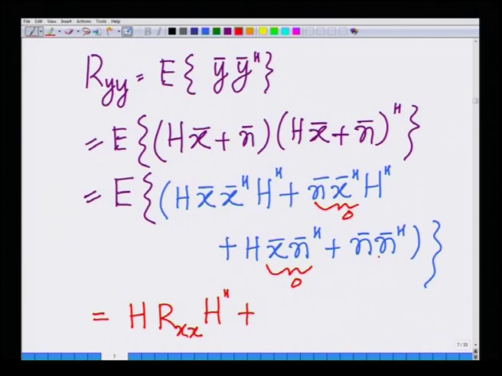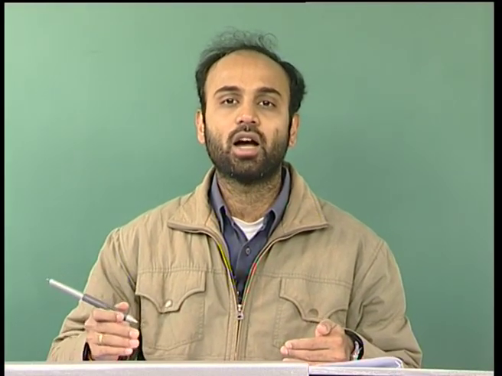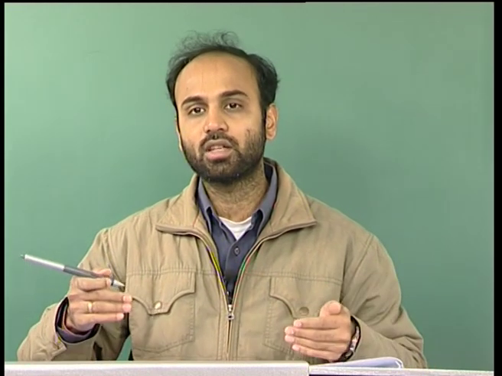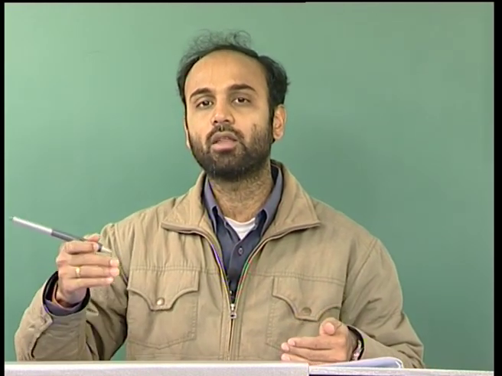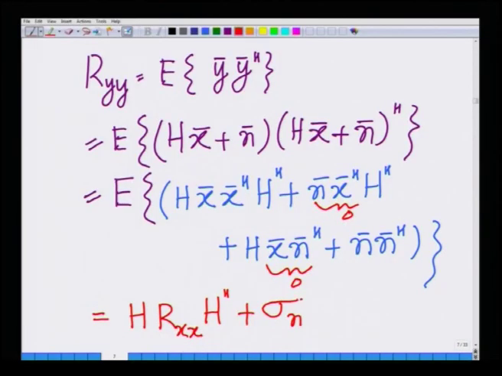This is nothing but the covariance of the noise, and we assume that the noise covariance is sigma n squared identity, that is the different noises are uncorrelated and the power in each noise is sigma n squared. Hence, this is fairly straightforward. This is sigma n squared identity, and I will now substitute for the transmit covariance Rxx, which is PD times I, the identity matrix.